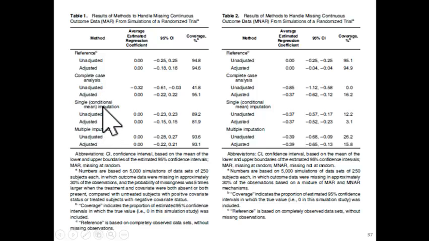And analysis using single imputation. Conditional mean imputation is imputing with the mean or imputing with the regression method. And a multiple imputation method, and we talked about this method, right? And then they created scenarios where the data are missing at random or missing not at random. And as you see, when the data are missing at random and you use a method to impute outcomes, okay? 0 means non-biased result.